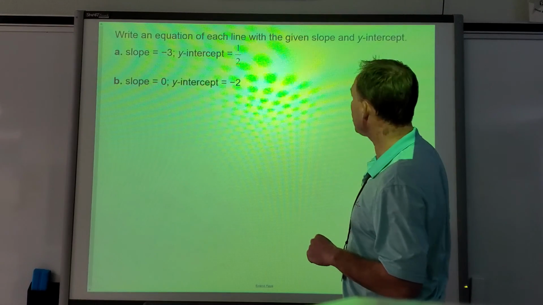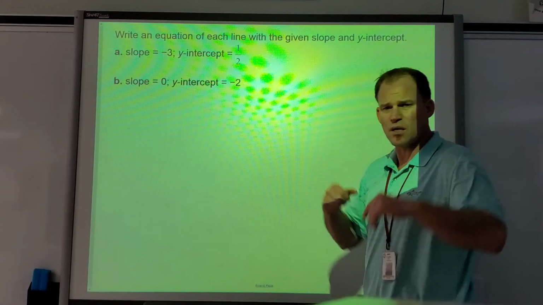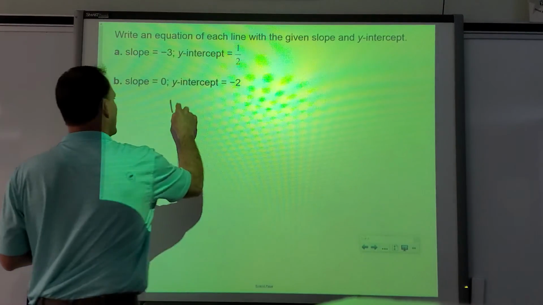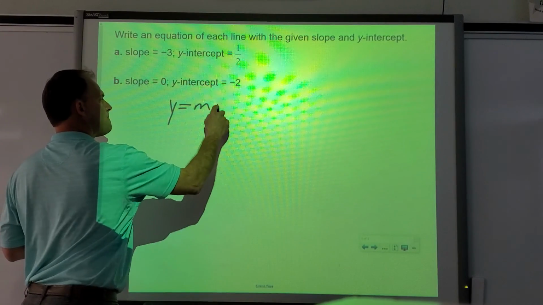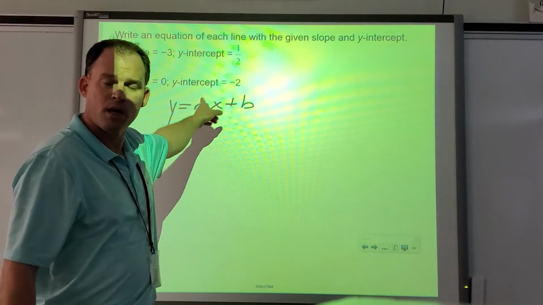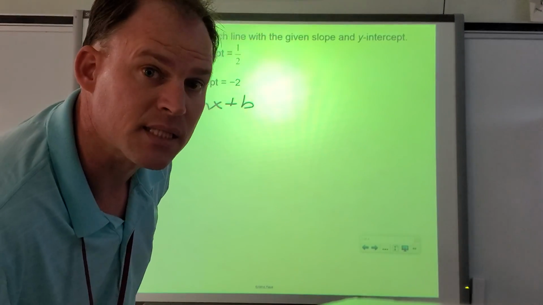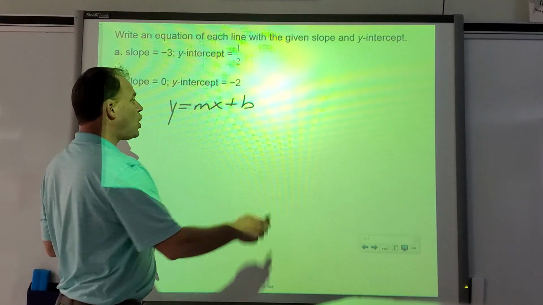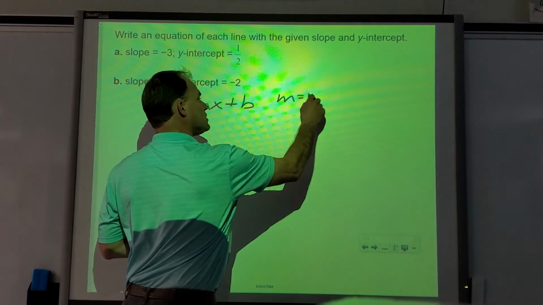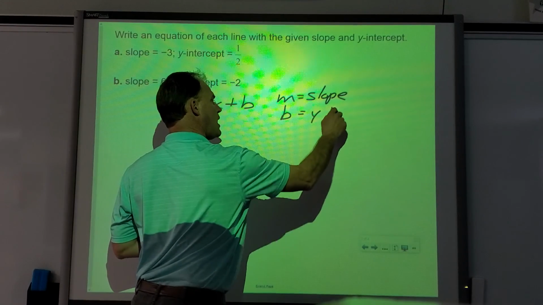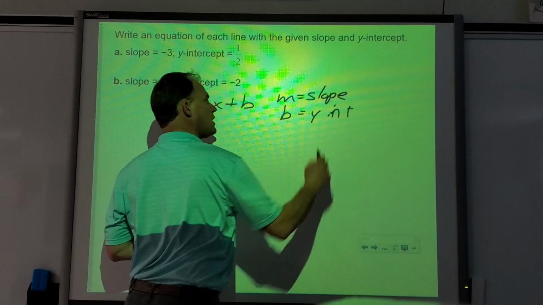All right, so we look right here. Sometimes I'll just flat out tell you. So we have our general equation, slope-intercept form. You should be writing this down. Y equals mx plus b. You should know m is the slope, b is the y-intercept.